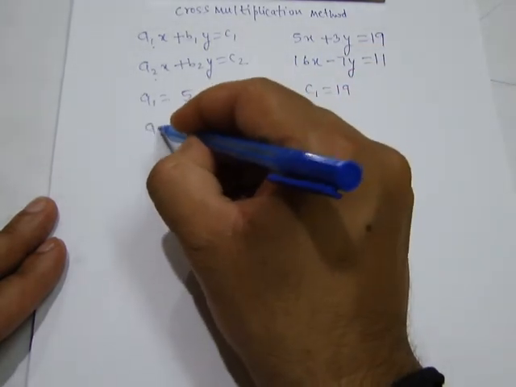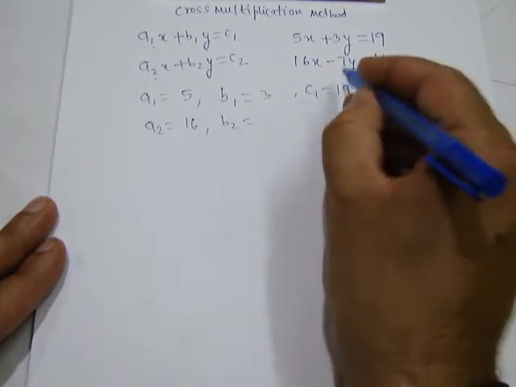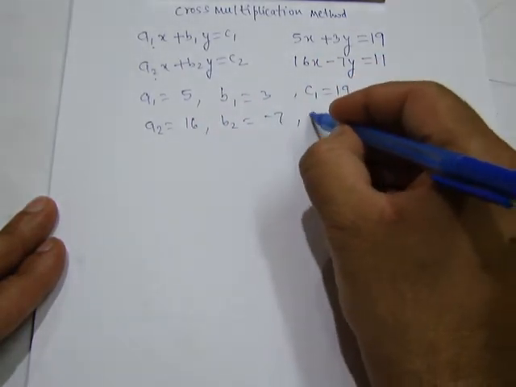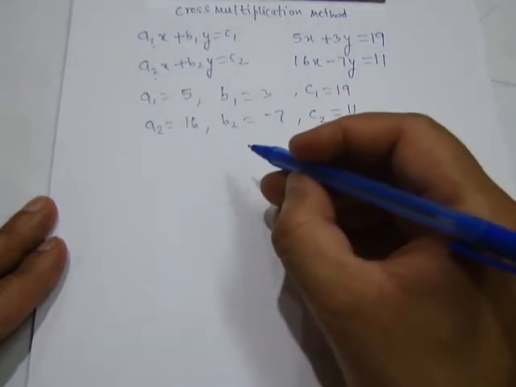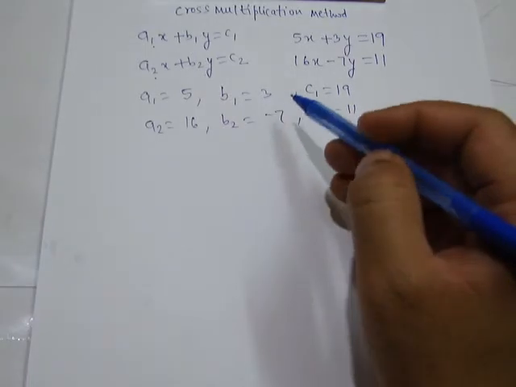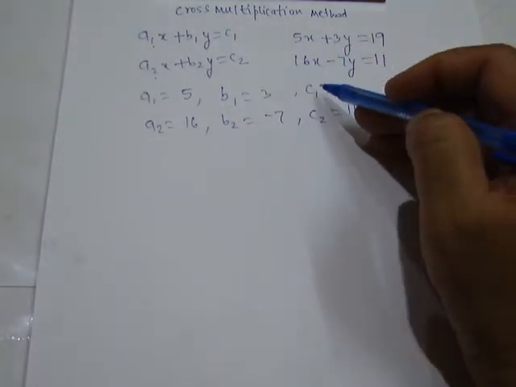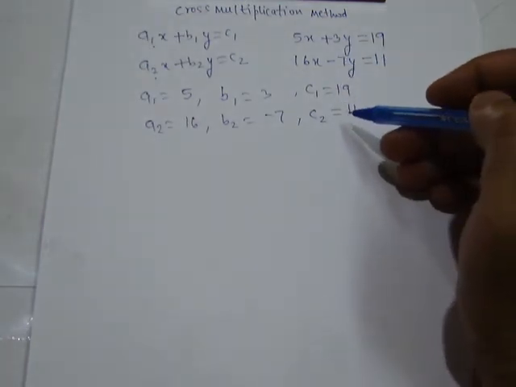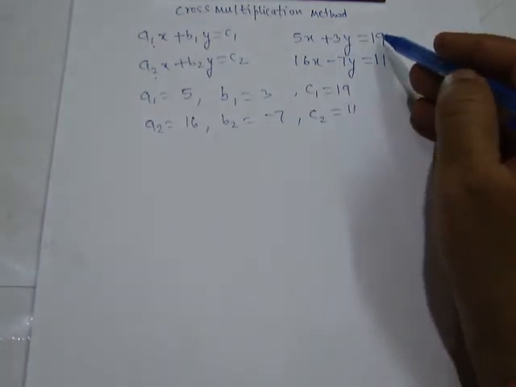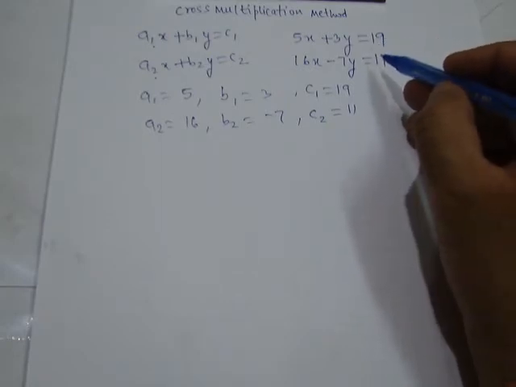Similarly, a2 is 16, b2 is -7 and c2 is 11. Basically, there are three columns: the column containing x is 5 and 16, the column containing y is 3 and -7, and the column containing the constants is 19 and 11.